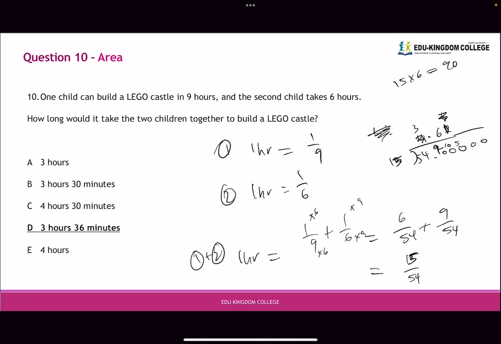Oh, no, sorry. It's just 3.6 in total. No remainders. So 15 goes into 54 3.6 times, or 3 3/5.